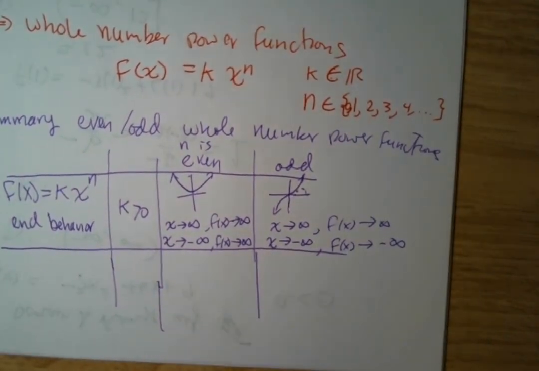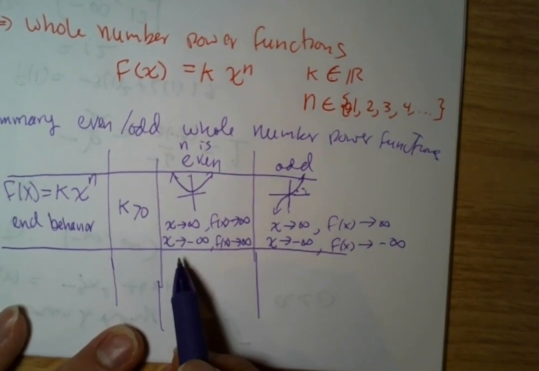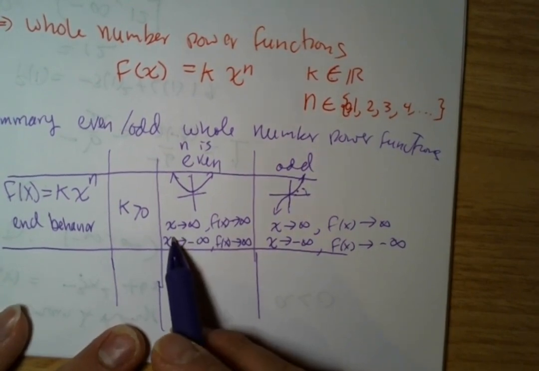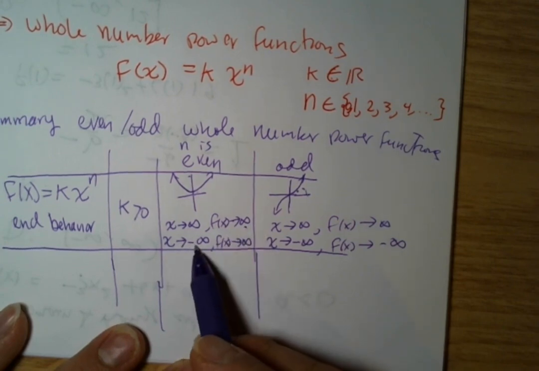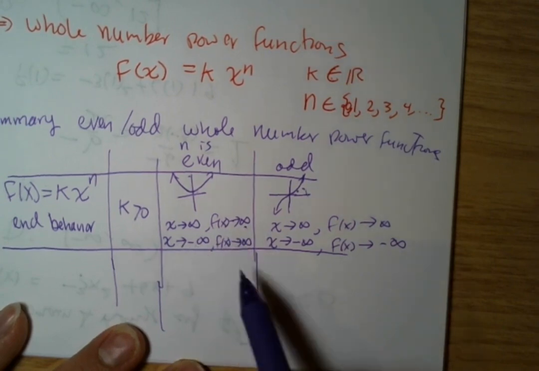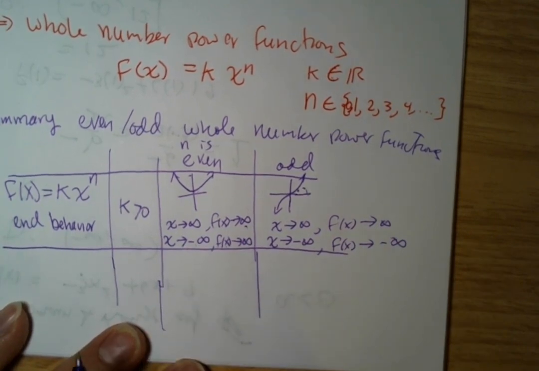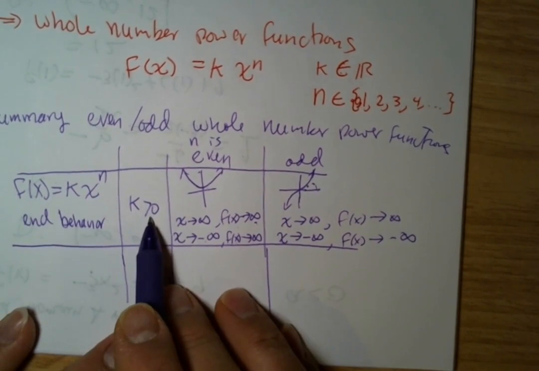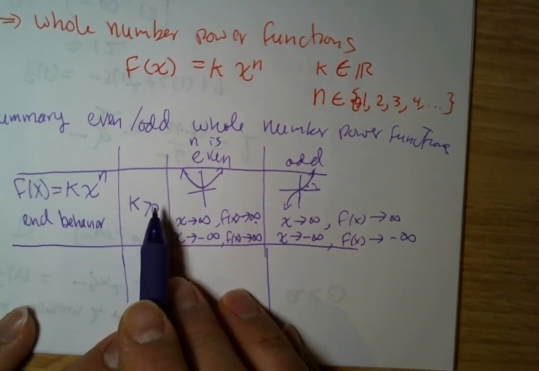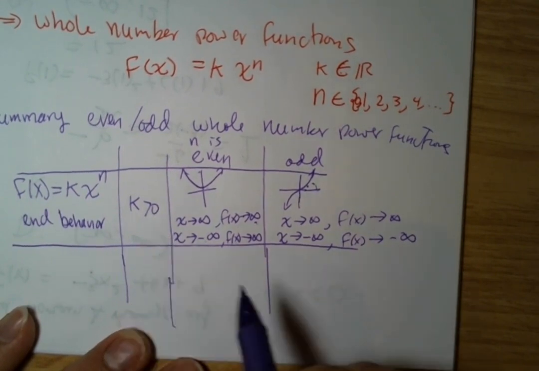So the function goes to negative infinity. This is what we call the end behavior, so get comfortable with reading this notation. As x goes to infinity, the function also goes to infinity. As x goes to negative infinity, the function values go towards infinity for our even power. Now, the second condition is we saw the behavior of the graph changed when this was negative.